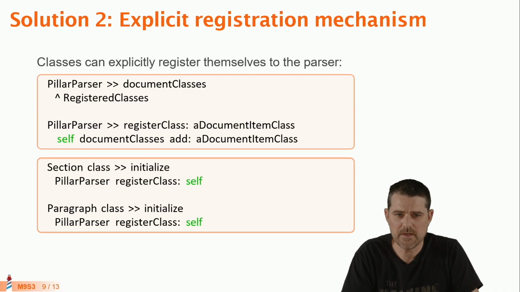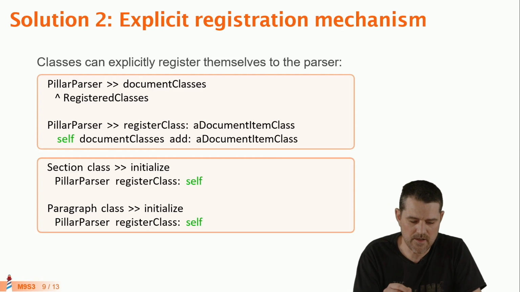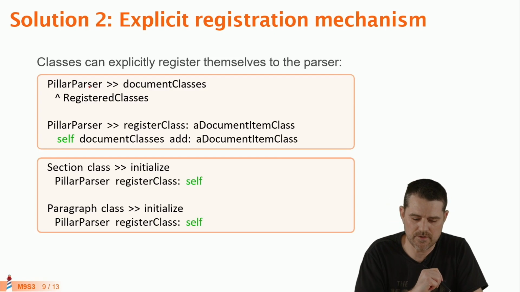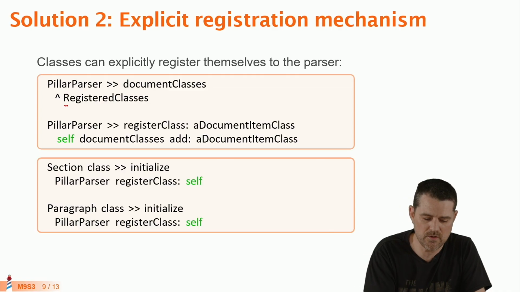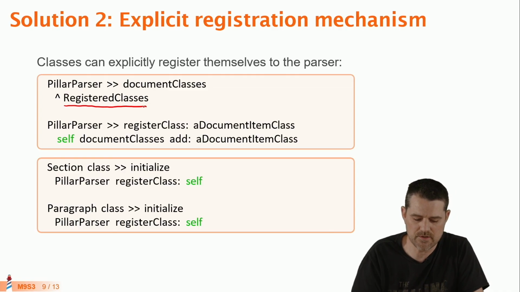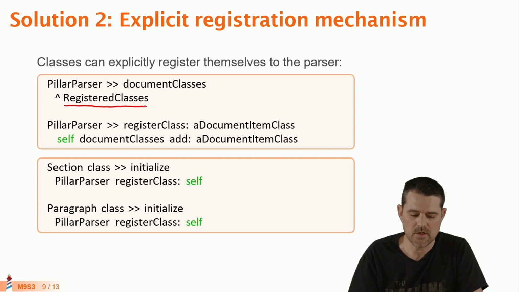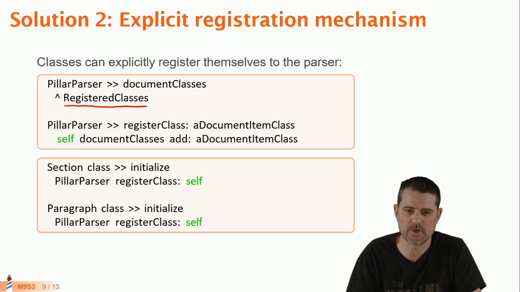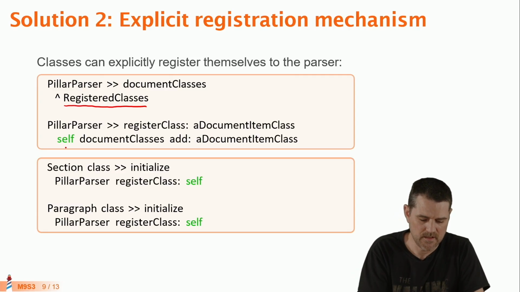The next solution is to have an explicit registration mechanism. So it means that now in the Pillar parser, we will store in a class variable a dictionary or a collection of classes that can represent a document item. And of course, I need to add a way for classes to register themselves.